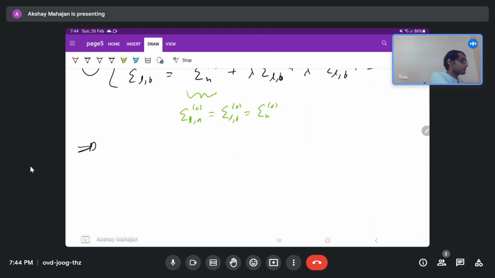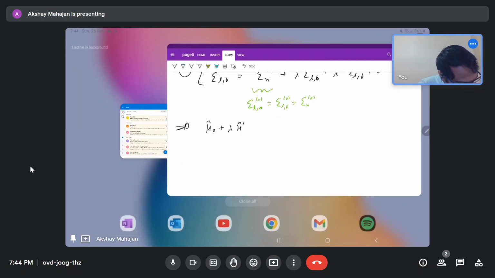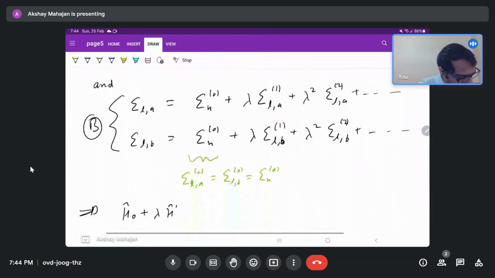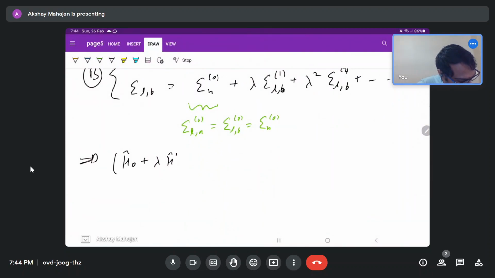Now what we know is H cap naught plus lambda times our H cap prime. We have some perturbation.